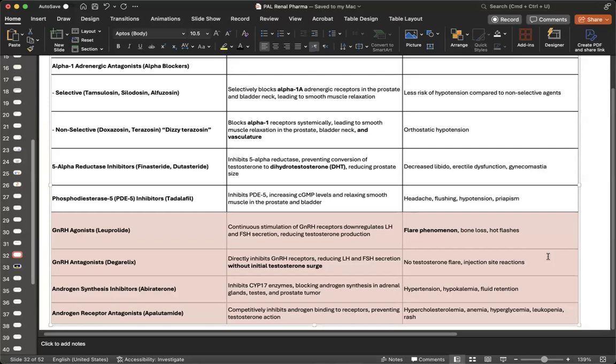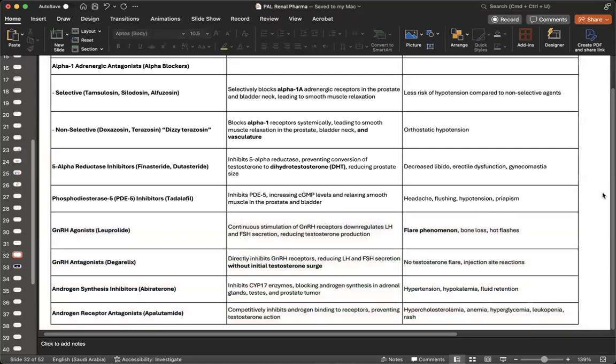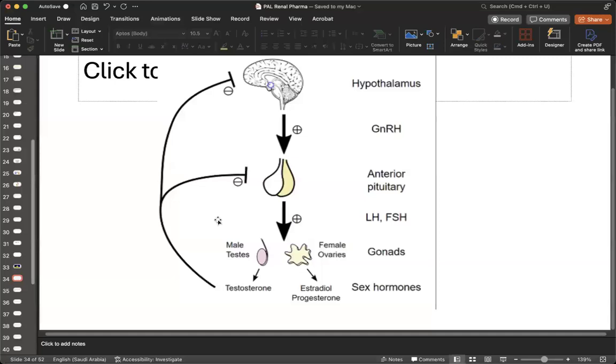Why? Because testosterone causes growth of the tumor. So what do you want to do? You want to prevent testosterone and androgens so you can shrink the size of the tumor, okay? So you have a few mechanisms of preventing testosterone from doing its work.